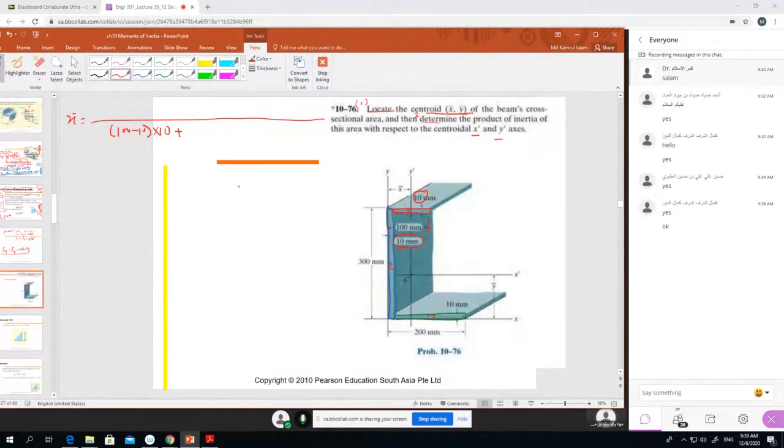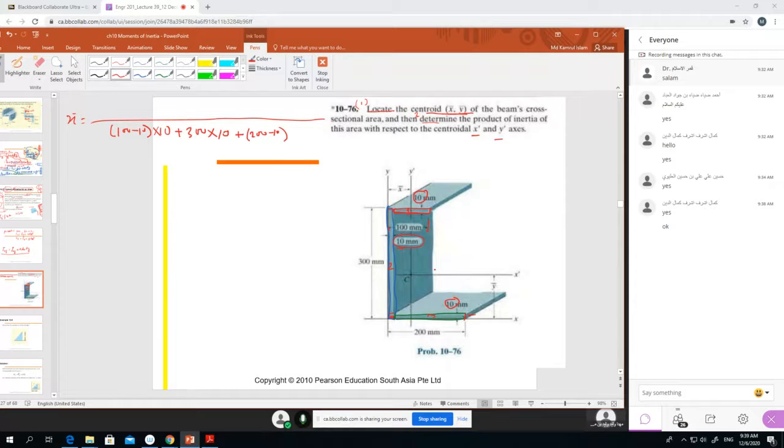Then plus section 2. What is given? Section 2 is 300, thickness is 10, so 300 into 10, plus section 3. Section 3 is, we have 200 up to here, so 200 minus 10 is 190 into 10, right?